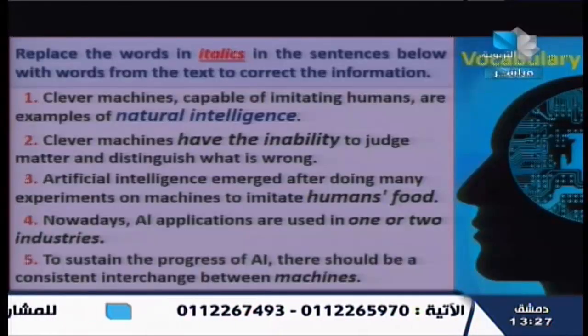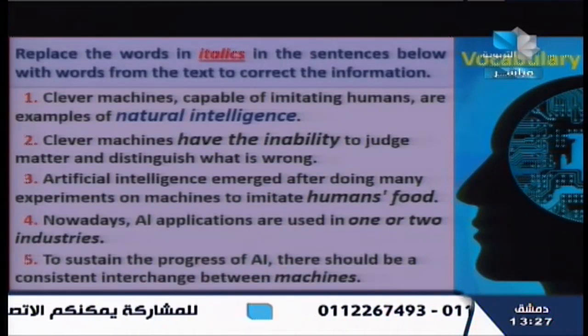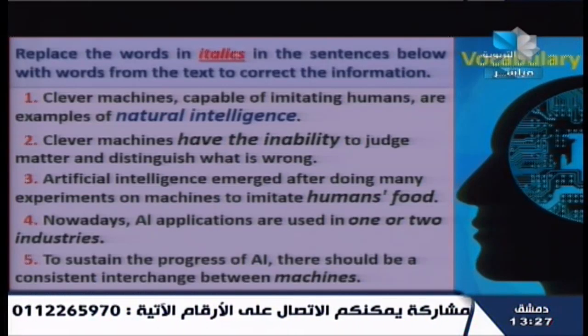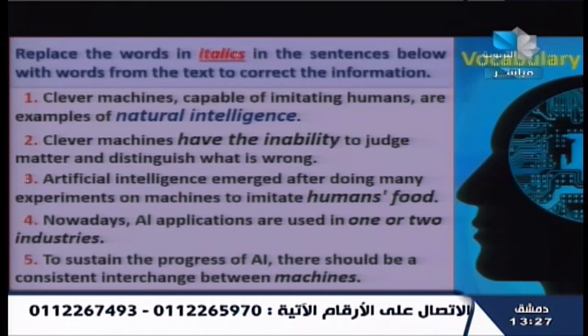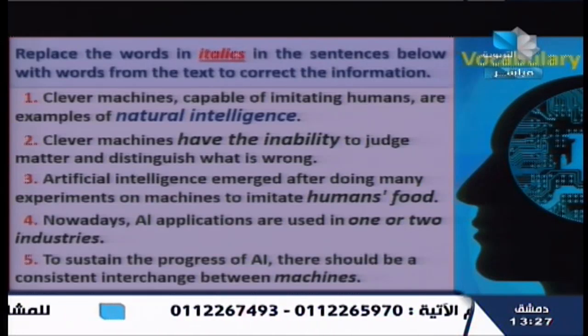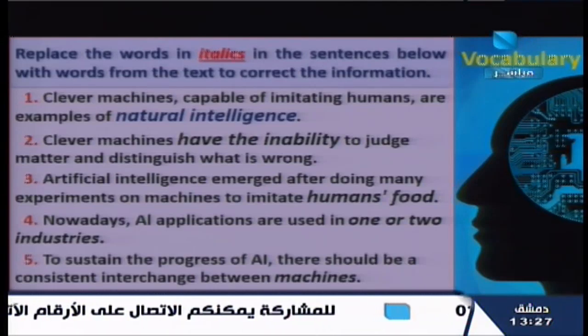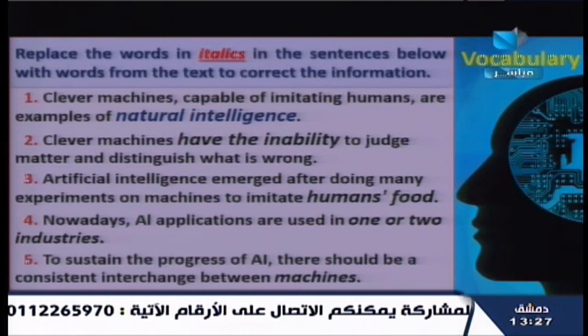Number 1. Clever machines capable of imitating humans are examples of natural intelligence. The whole text, the main idea of the text, is artificial intelligence. What do you think? So not natural, of course. It's artificial intelligence.